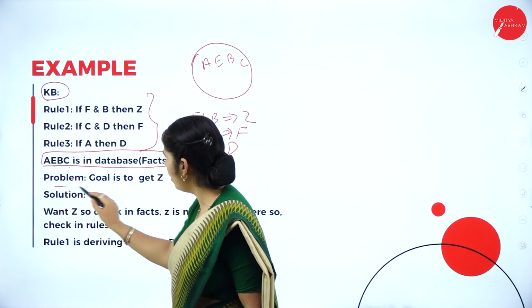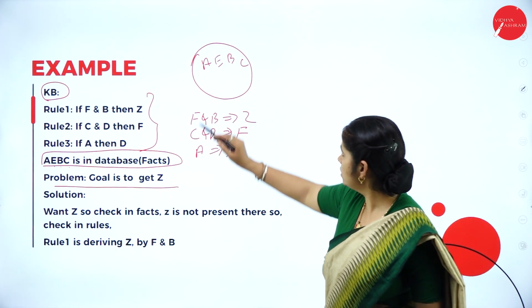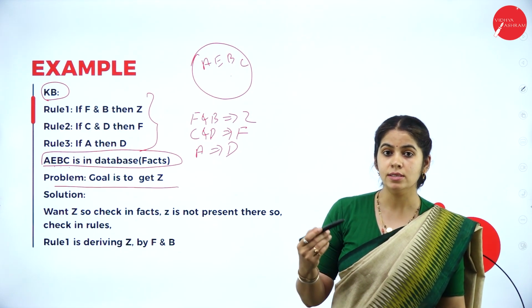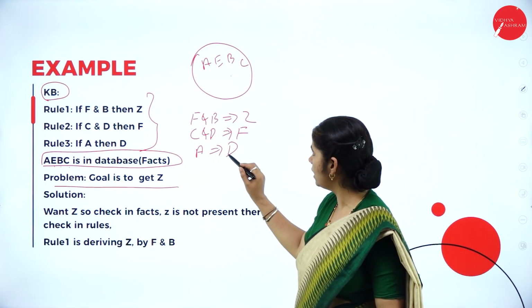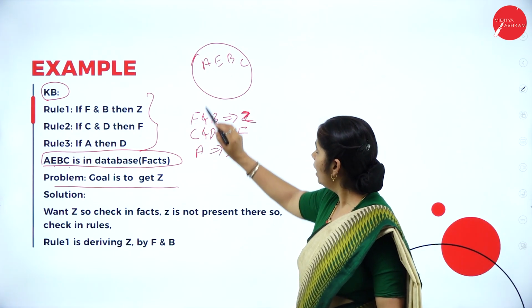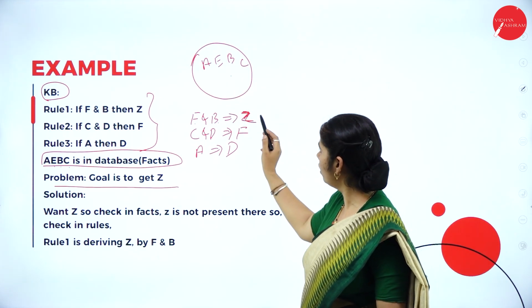So what is the problem? The goal is to get Z, which is not there in the given facts. How are we going to get Z? Z is there in the rule F and B, but we don't have F and B in the facts. So what do I have to do?